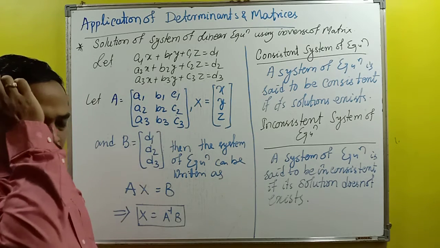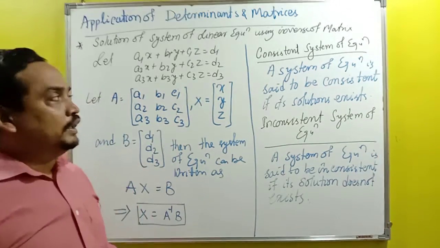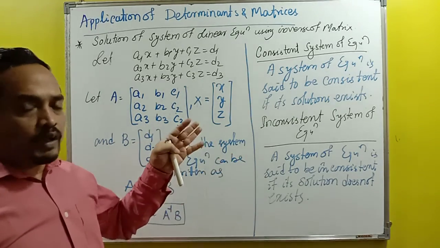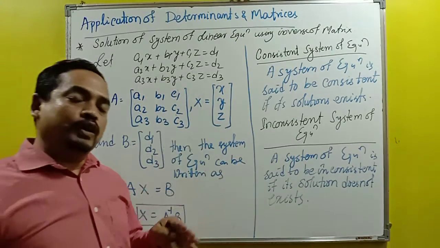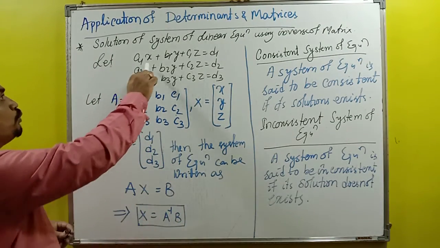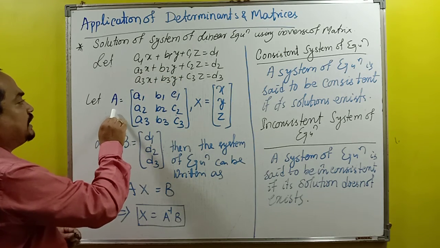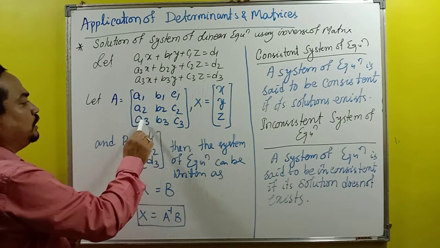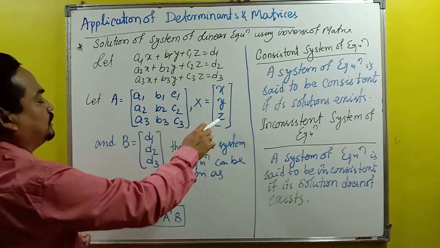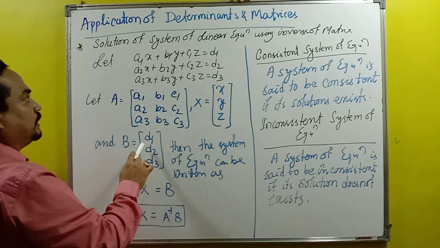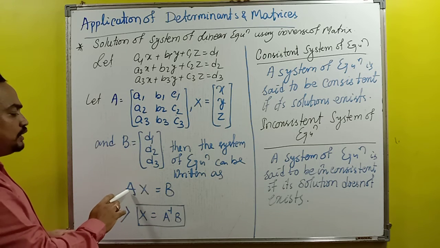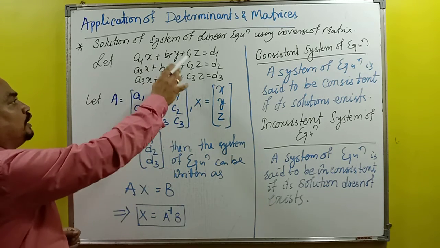Here I have taken a system of linear equations in 3 variables, and similarly you can consider 2 variables, or 4, 5, n variables, but in our syllabus only 2 and 3 variables are there. Suppose you take the coefficients as the matrix A: a1 b1 c1; a2 b2 c2; a3 b3 c3, the variable matrix x, y, z, and the constant matrix d1 d2 d3.